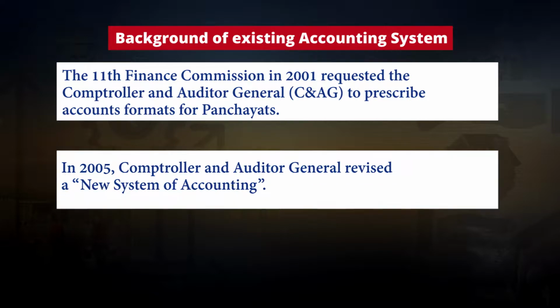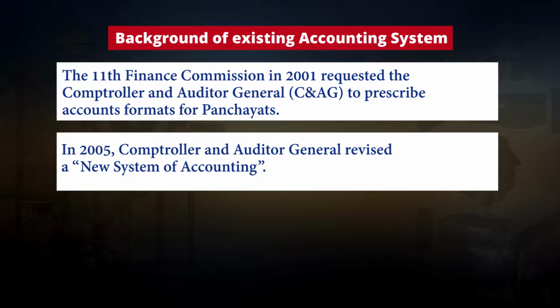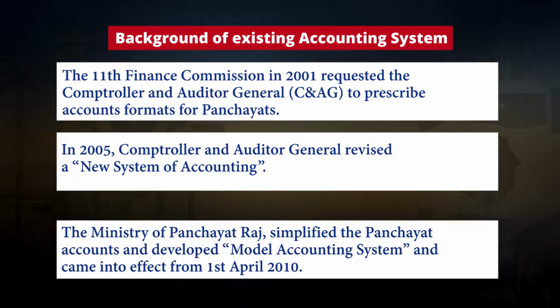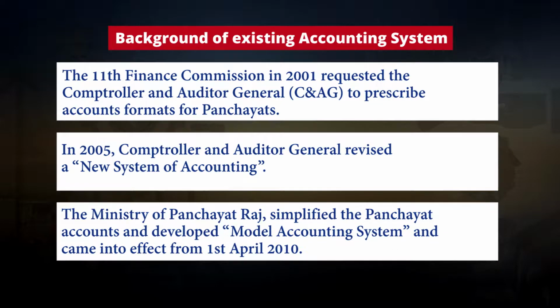Accordingly, the Comptroller and Auditor General in 2005 devised a new system of accounting. Subsequently, the Ministry of Panchayati Raj, Government of India, further simplified the Panchayat accounts and developed the Model Accounting System, which came into effect from 1st April 2010.